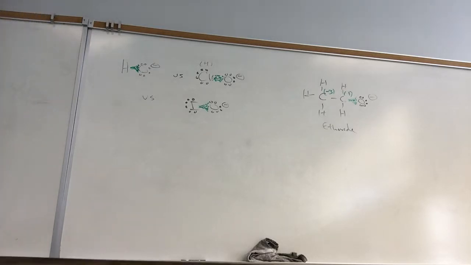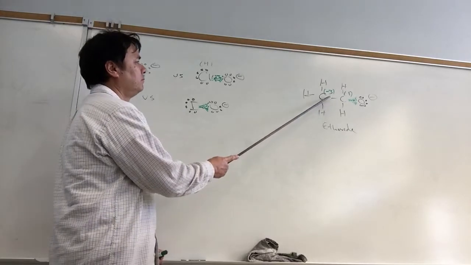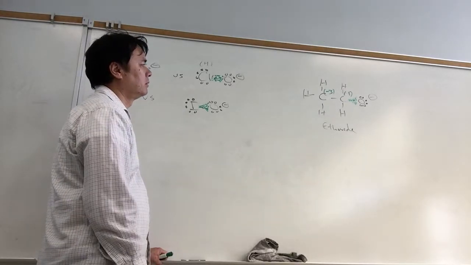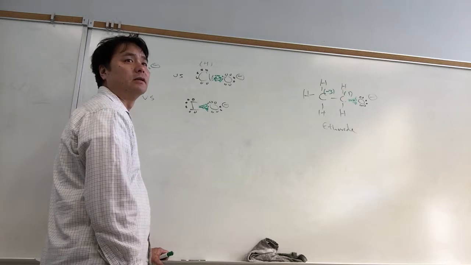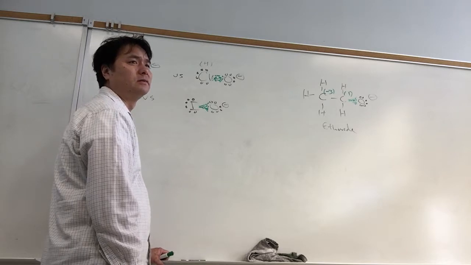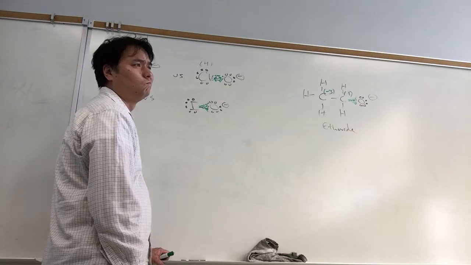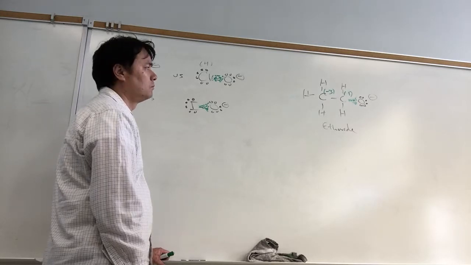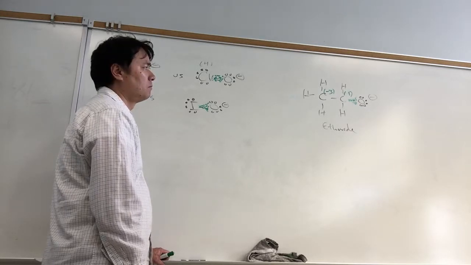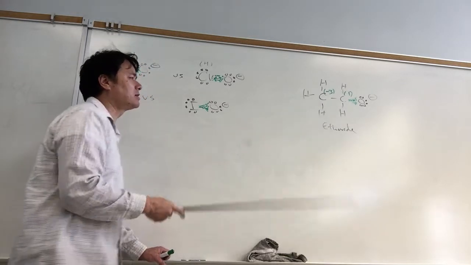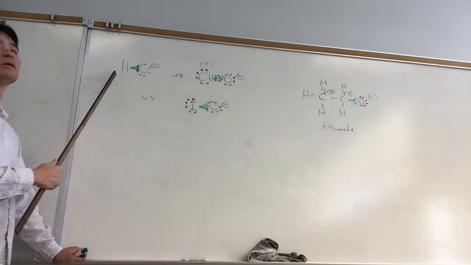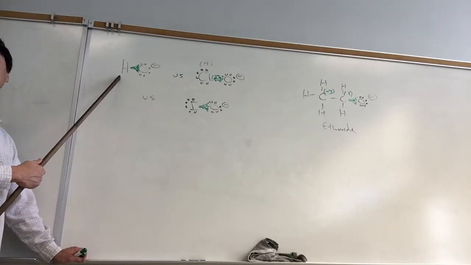And so looking at something like ethoxide here, what do you see? I see this is electron rich. In fact, ethoxide is going to be comparable to hydroxide in terms of basicity.